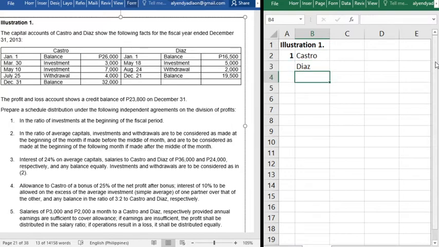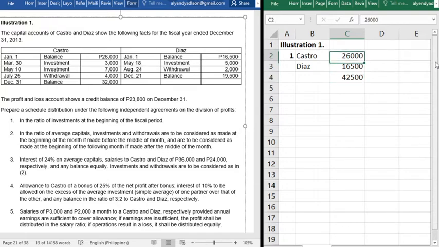As you can see, the beginning balance of Castro is 26,000. The beginning balance of Diaz is 16,500. How much is the total? That is 42,500. Since this is a ratio of the beginning balance, we are to make a fraction of these two.